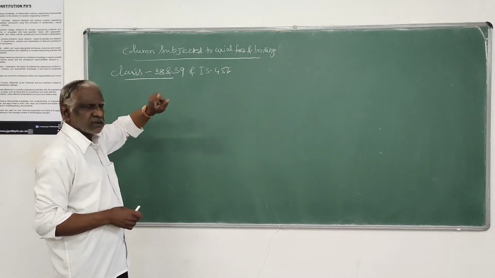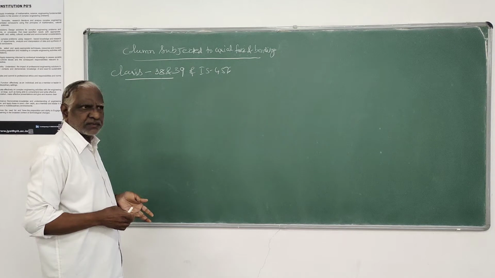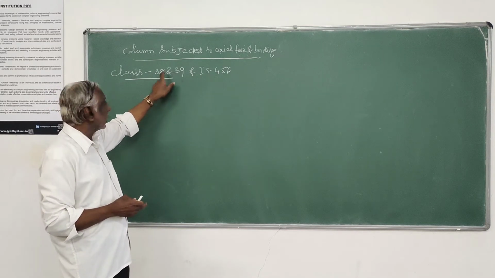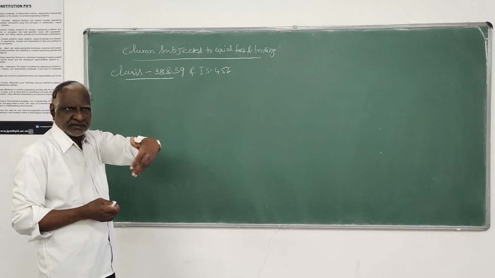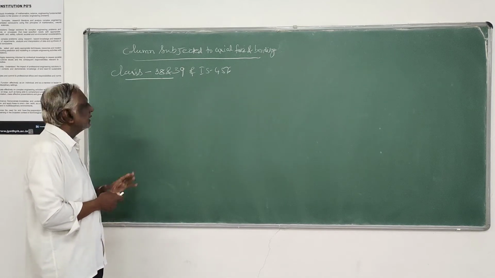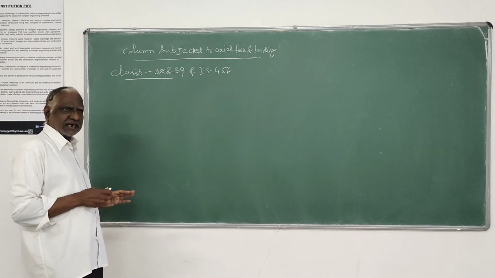Both specifications are given in clauses 38 and 39, I think page numbers 70, 71, 72 of IS 456. You have to refer to that, and first you have to understand all those things.